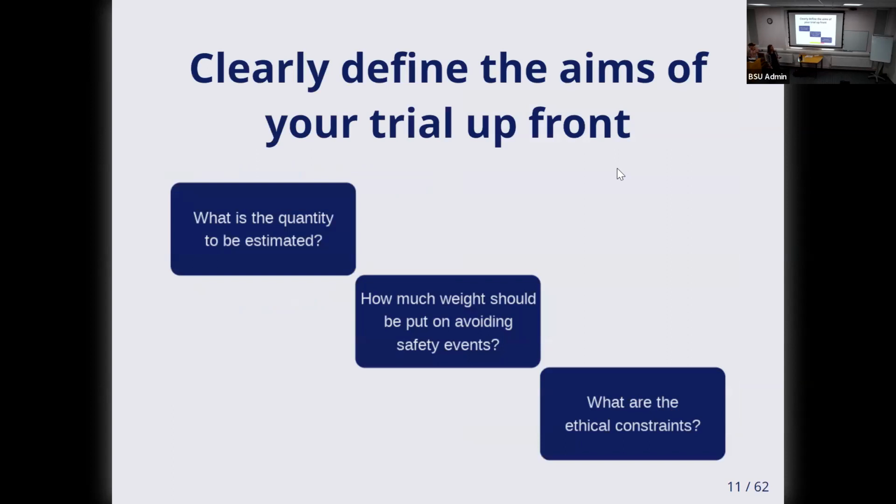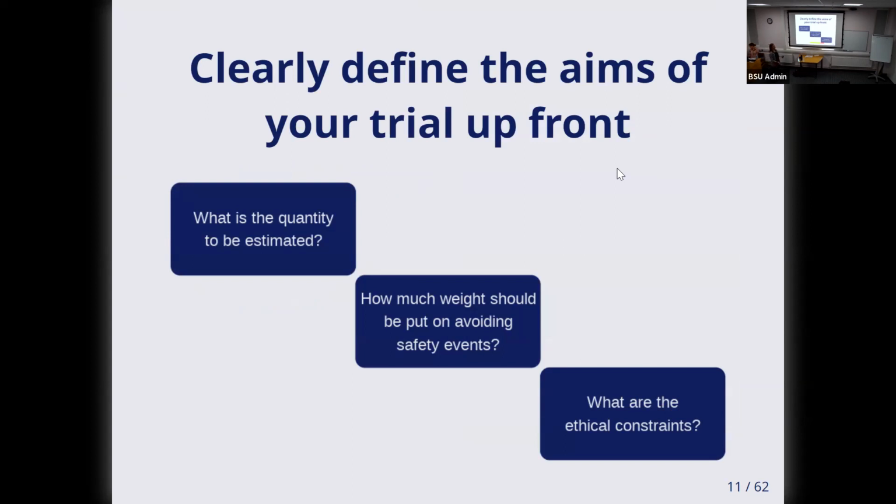We can define the aims of the trial by thinking about questions such as these. So what is the quantity that we're trying to estimate? As an example, that might be this maximum tolerated dose that I mentioned. It might be something else. How much weight should be put on avoiding safety events during the trial? What ethical constraints do we have, or do we want the trial to abide by?